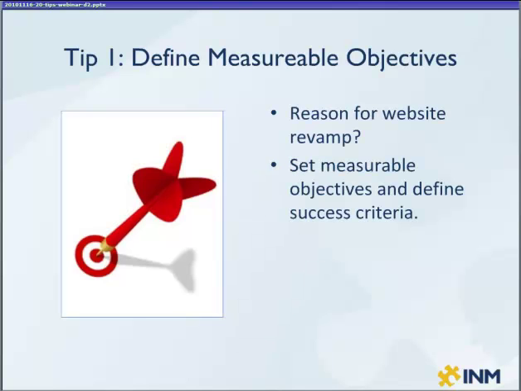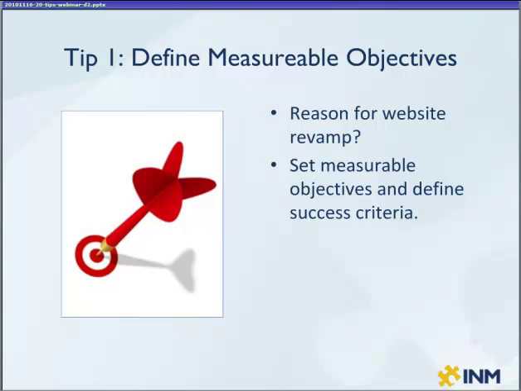So my first tip for you today would be to define measurable objectives. Obviously, the keyword here is measurable. The process of identifying your objectives starts with asking yourself, why are you revamping your site? So try to answer the question, my site revamp will be successful if I can, and then think of answers to this question in terms of measurable results.